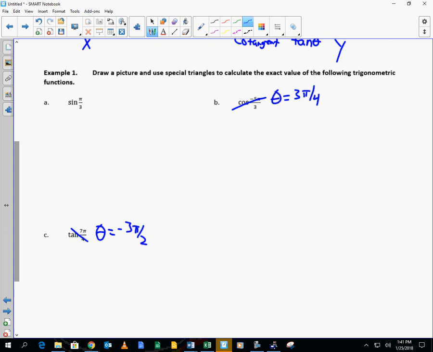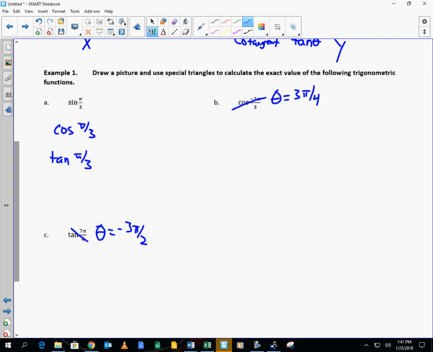I'm just going to change some of these pieces. So what we're going to do today is identify exact values of trigonometric functions for given angle values, okay? So we want to know the sine of pi over 3. And in fact, we're also going to show the cosine of pi over 3. And we're also going to show the tangent of pi over 3. We're going to do all 6 of them for the others.